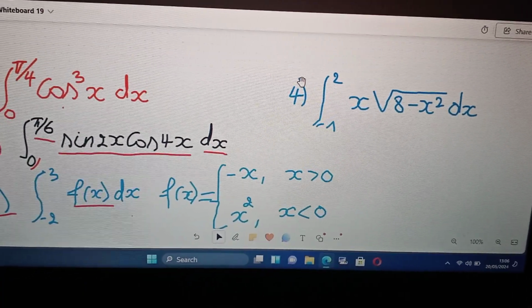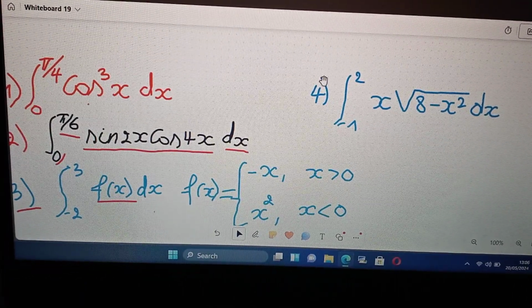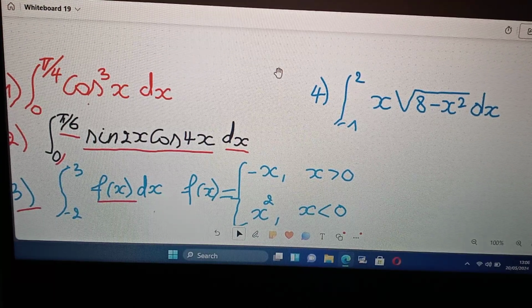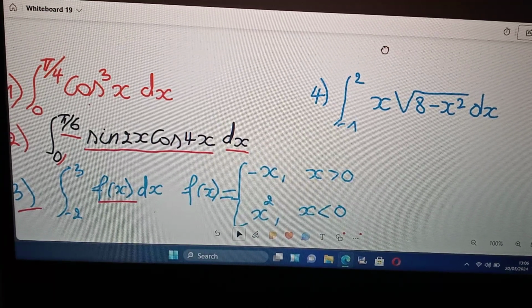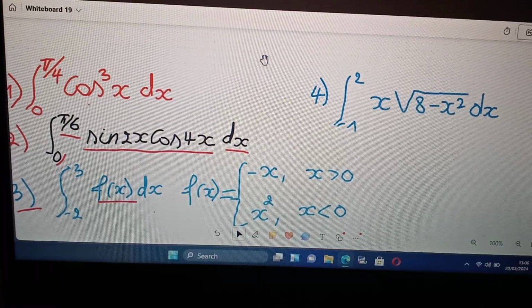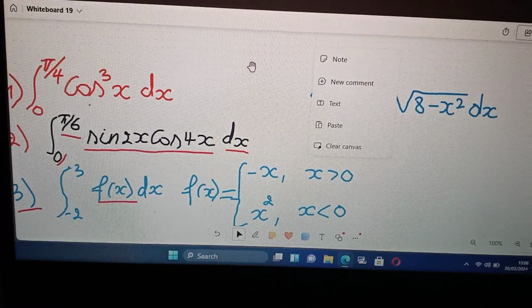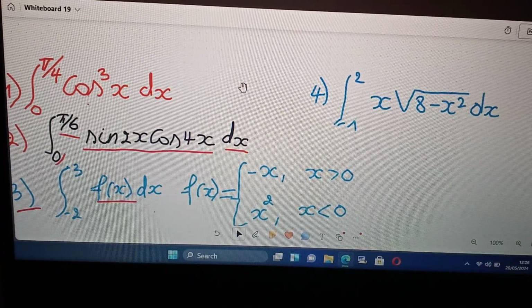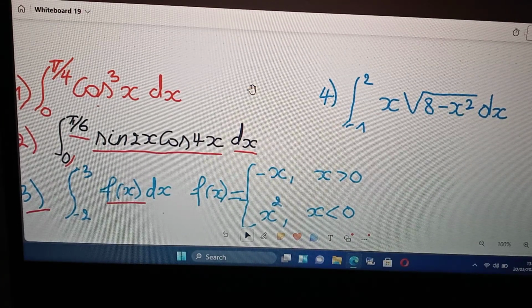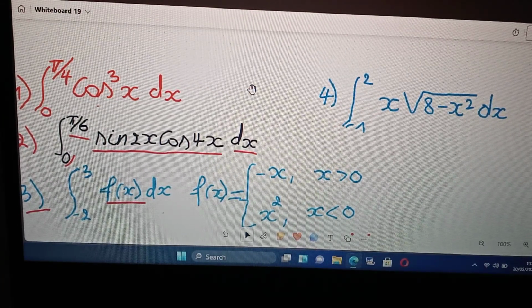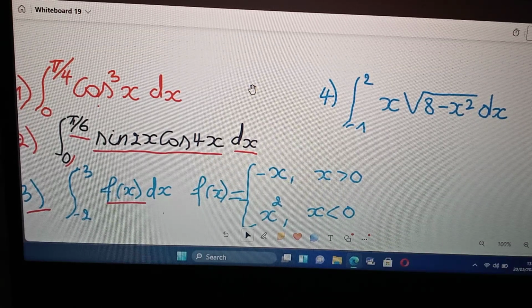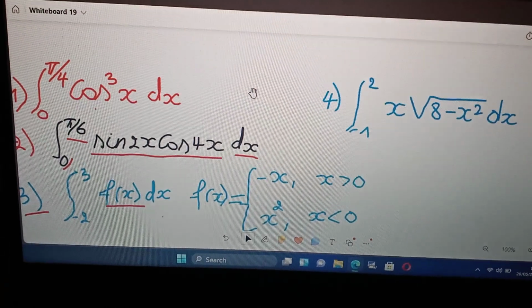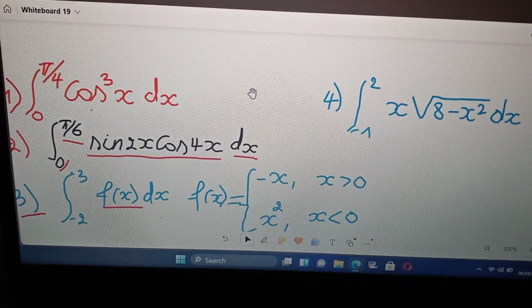You may write those application activities in your summary note. Then in pairs, we are going to see how we can solve those exercises. Let's write now those exercises. Then in pairs or in groups, we work together for sharing knowledge and skills, how we can integrate those kinds of functions.